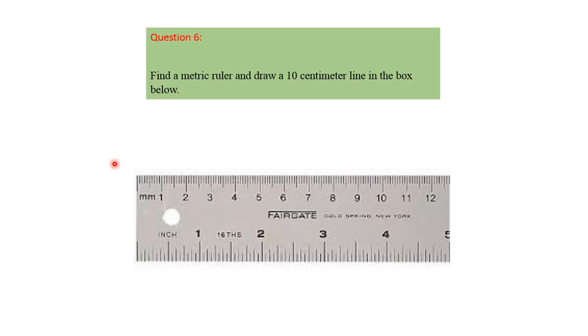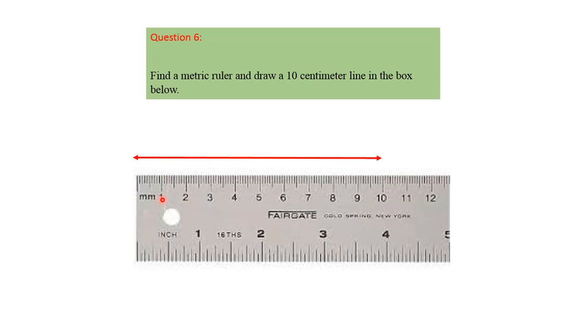So next, question 6, find a metric ruler and draw a 10 centimeter line in the box below. So you would get your metric ruler and you would just draw a line that is 10 centimeters long in the box on your activity. And your centimeters, again, for those people who are not used to reading, this is our inches on the bottom, our centimeters are here.